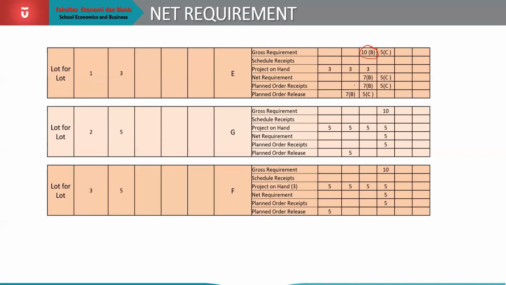And then planned order receipt is in week 3, 7 units, and planned order release, since the lead time is 1 week, then you need to start to produce in week 2.